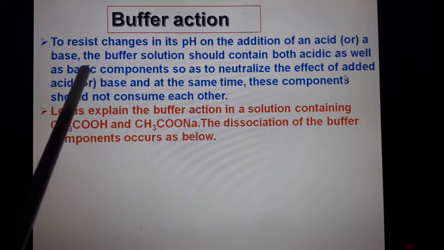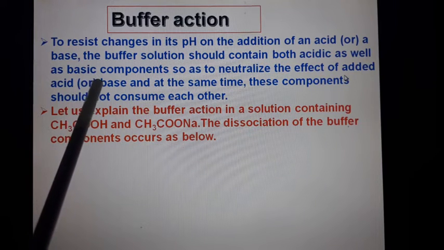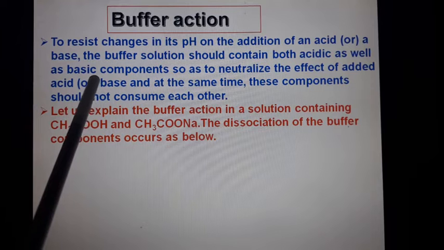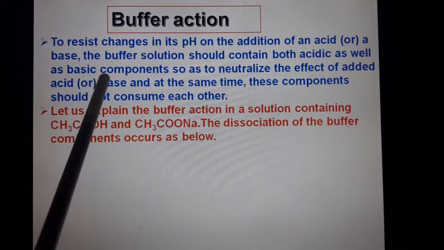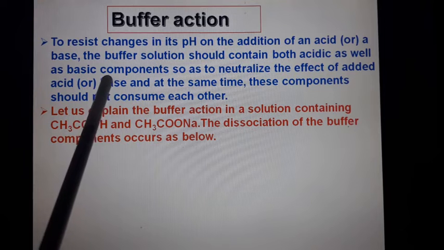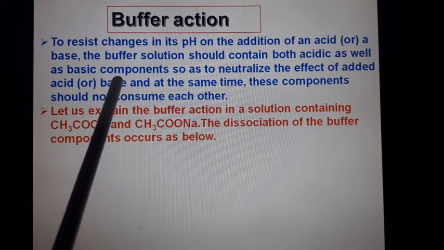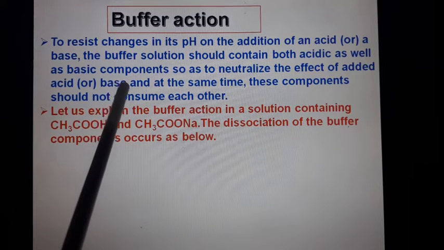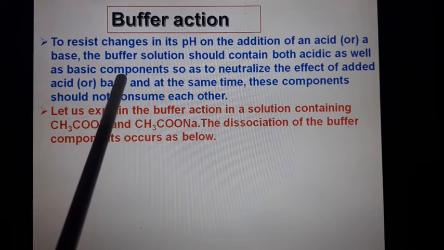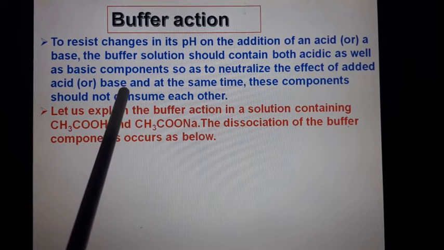Buffer action means an acid or base mixed with their salt maintains the pH constantly. When we add a small amount of acid or base, the buffer solution neutralizes the effect of the acid or base at the same time.